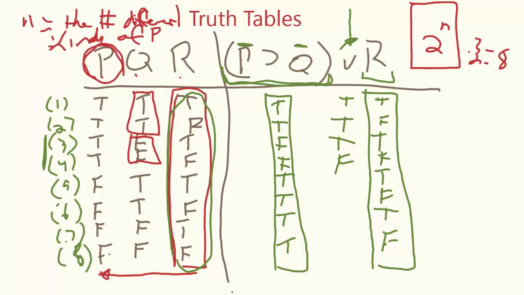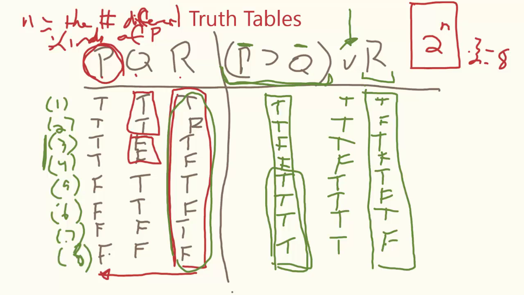That occurs in the fourth row. And I can very quickly see that for the remainder of them, there's going to be at least one true disjunct because our conditionals are true in the remaining 4 situations. The left disjunct is true in the remaining 4 situations.